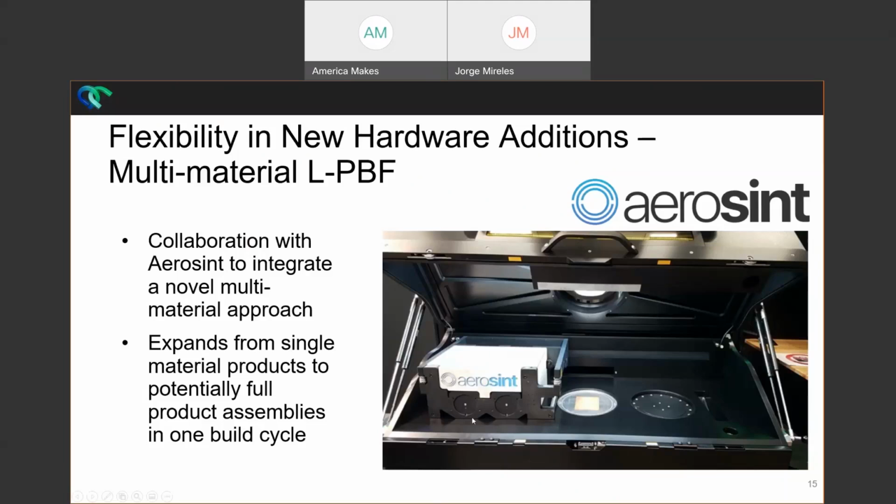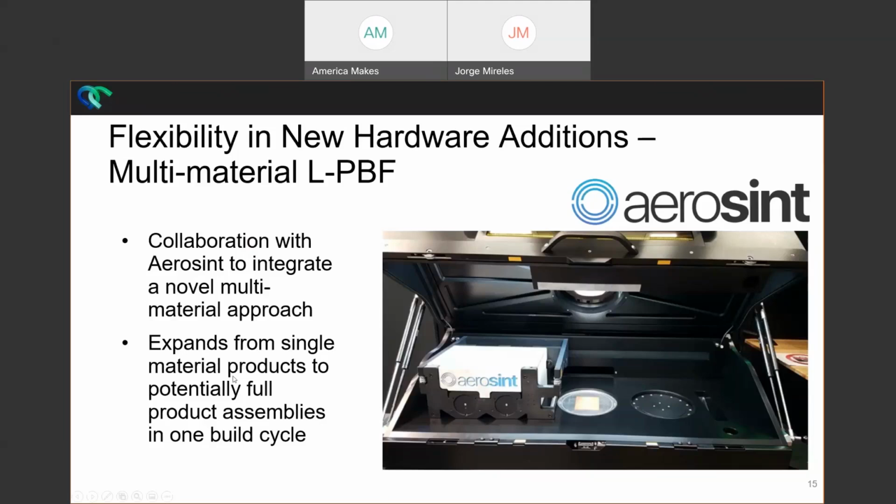You see the recoater in the image here, which consists of a recoater within one of our machine's process chambers, with two roller-type mechanisms. One roller will house one material and another roller a second material. These two will then be deposited selectively onto the substrate, right?